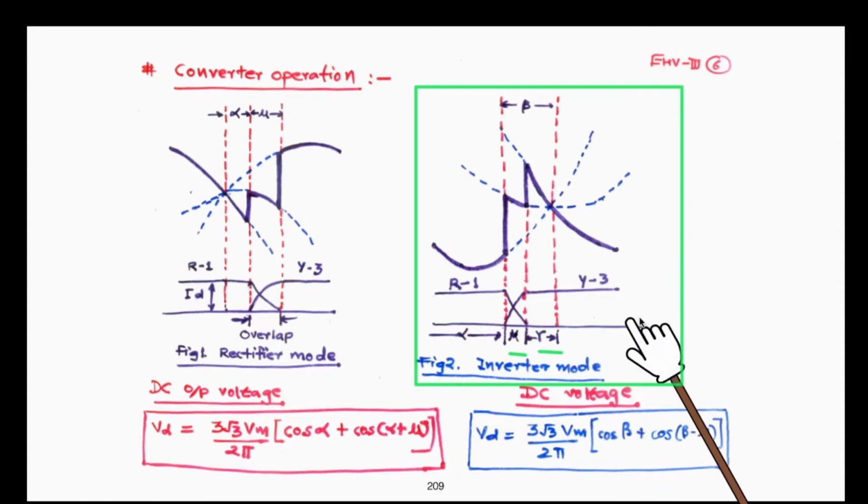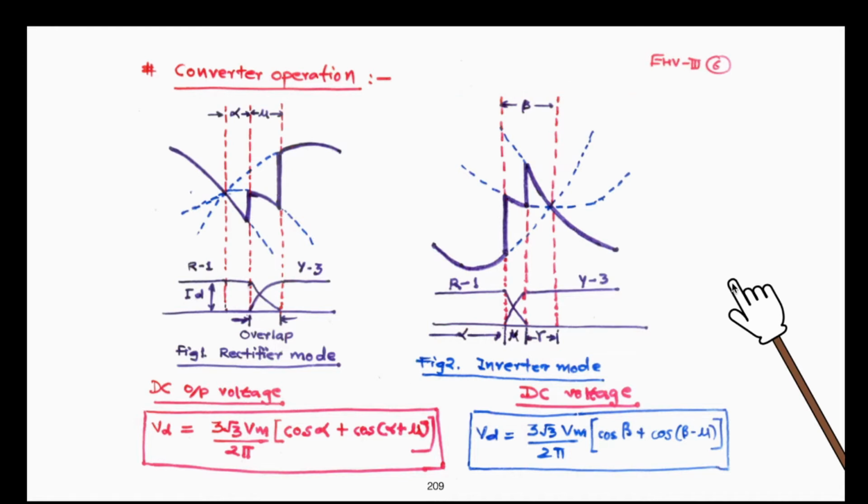The extinction angle is governed by the minimum time required for a thyristor to switch over the current from one point to another, as in the inverter mode. So for inverter mode operation, the extinction angle holds more relevance as far as stable inverter operation is concerned.